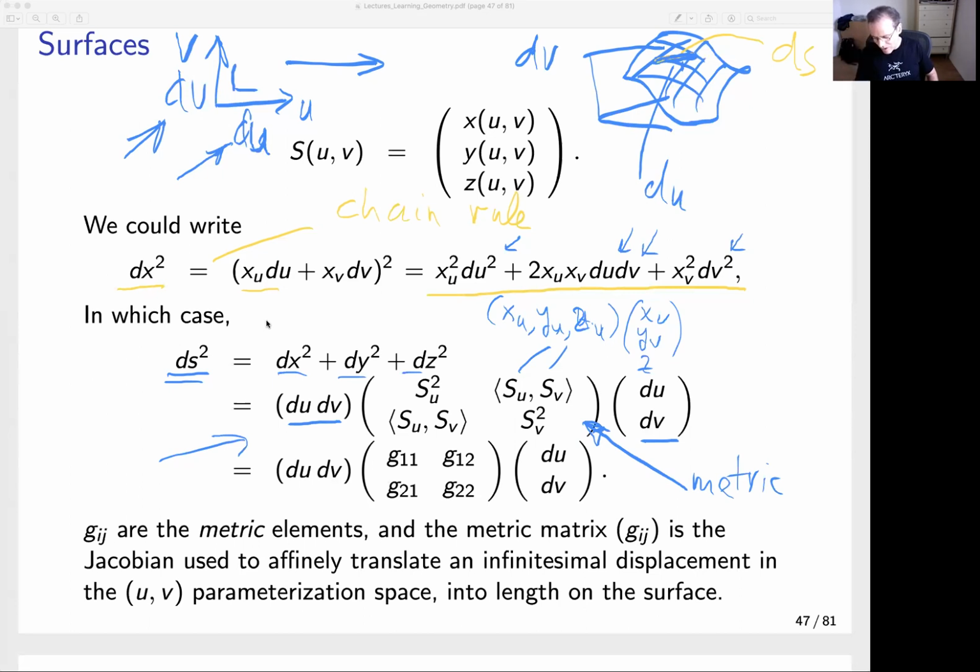So G11, G12, G21, and G22 are the elements of the matrix, and usually we write it in matrix form as Gij. This is called the matrix of coefficients, and it translates an infinitesimal displacement in the UV parameterization space into the length on the surface.